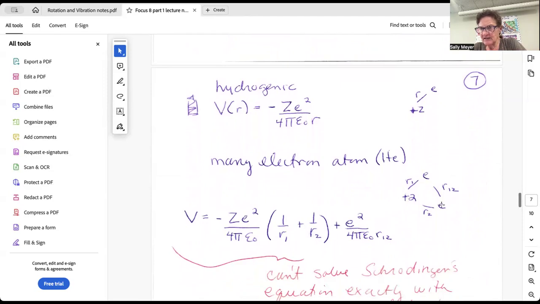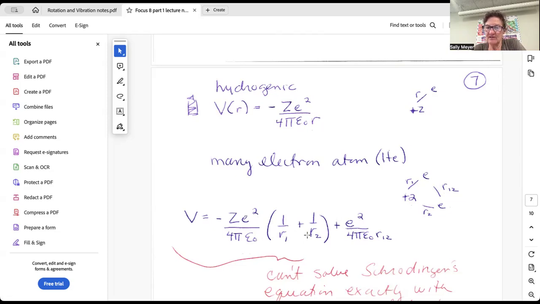You're going to have 2 electrons. You're going to have a potential energy term for this electron interacting with the nucleus, this electron interacting with the nucleus. So I'll call those r1 and r2. And then you're also going to have another term for those electrons interacting with each other. And so your potential energy term is going to go from 1 simple term to 3 terms.